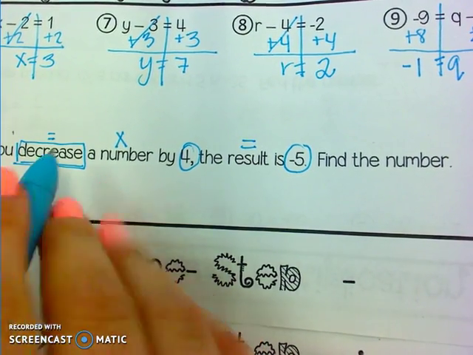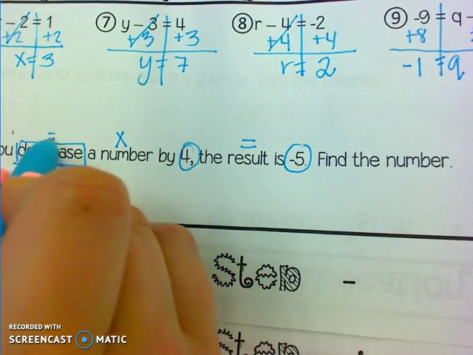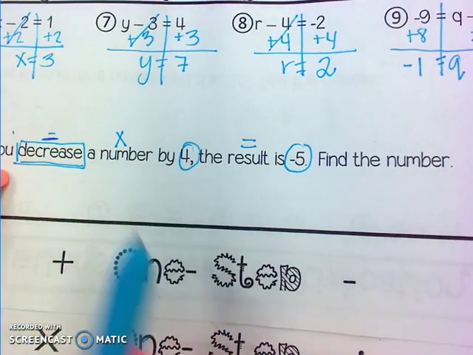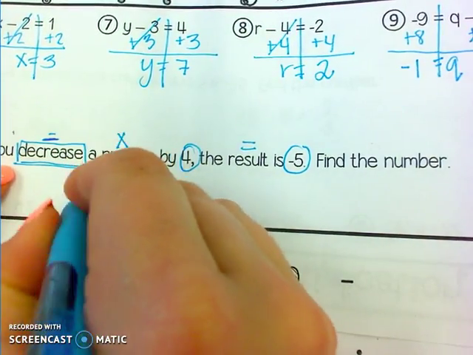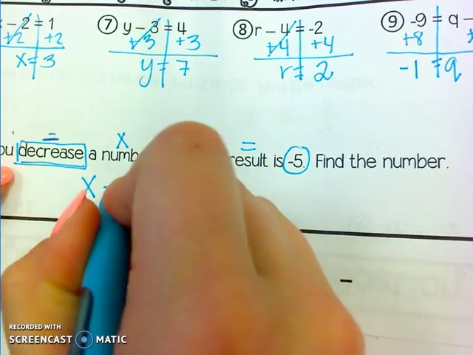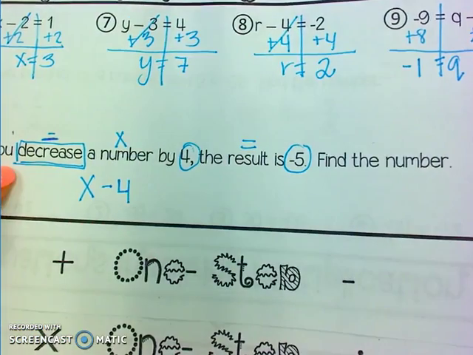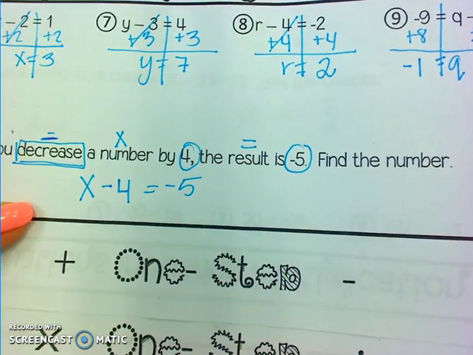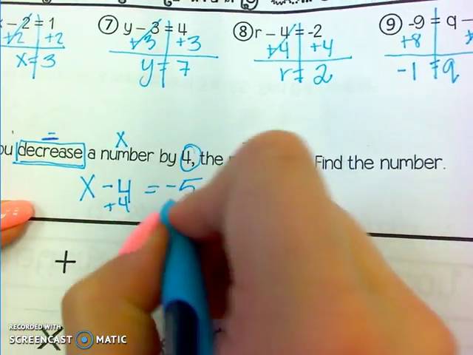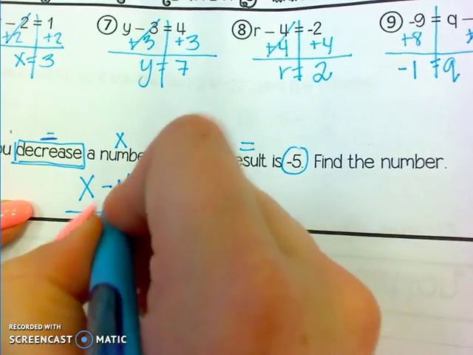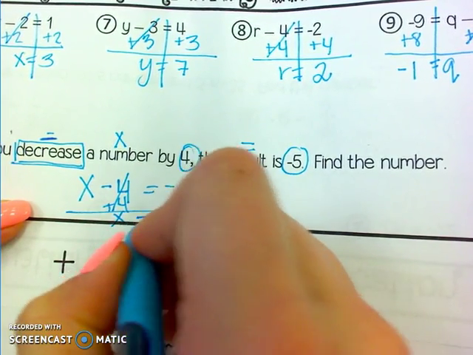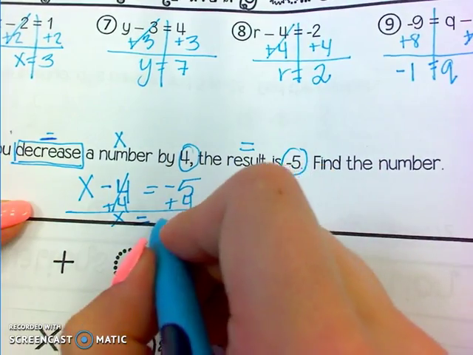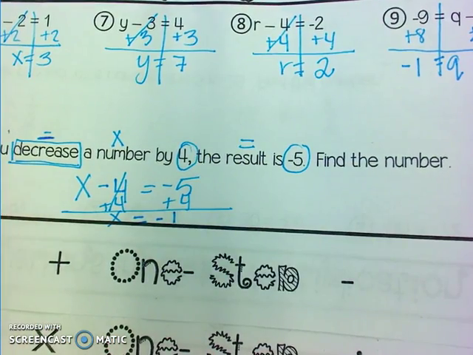So if I'm decreasing, this looks like an equal sign, that should be subtraction. X decreased by 4. The result or the answer is negative 5. To solve, I'm going to add 4. X equals negative 1. Okay.